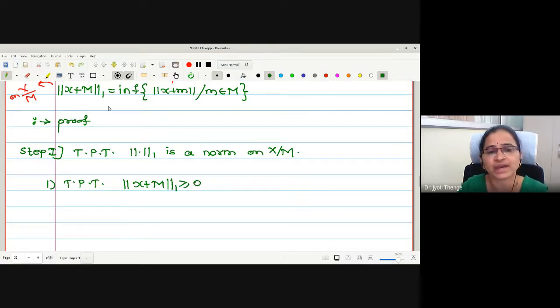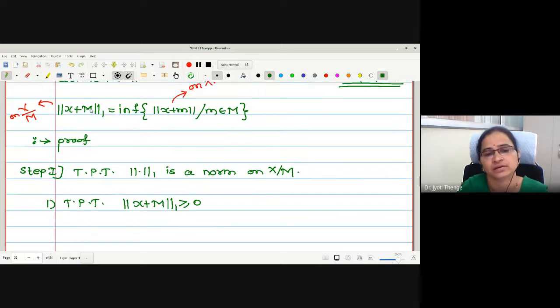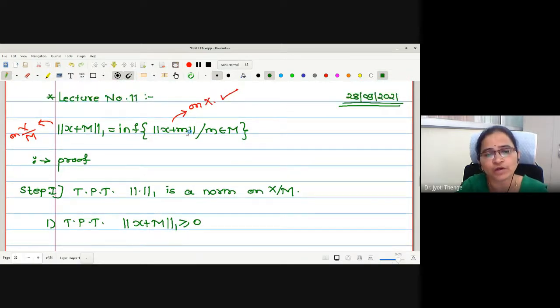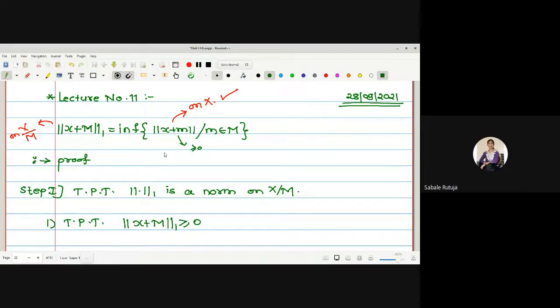But if you look at this definition, norm 1 is the infimum of norm of x + m. Now this norm of x + m is always non-negative, no? Every x + m. Therefore, what about the infimum? If every element of the set is greater than or equal to 0, can I say the infimum is also non-negative? Yes, ma'am.